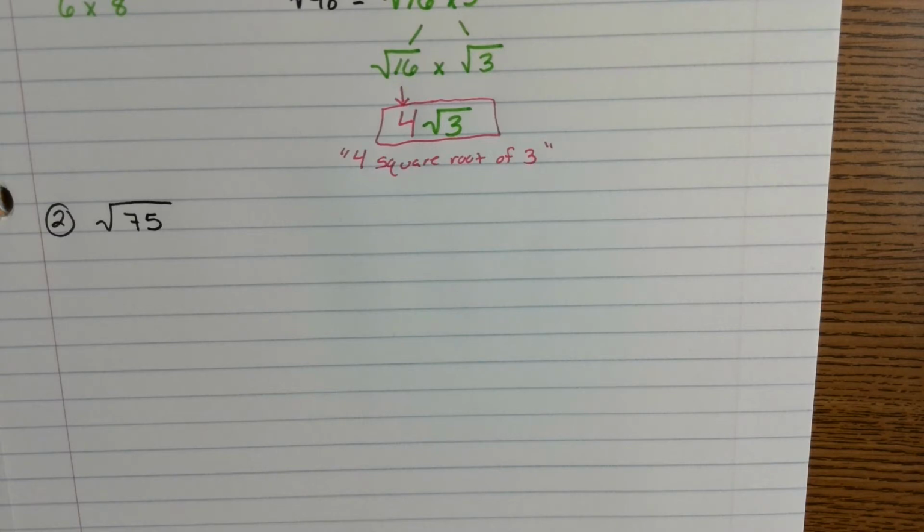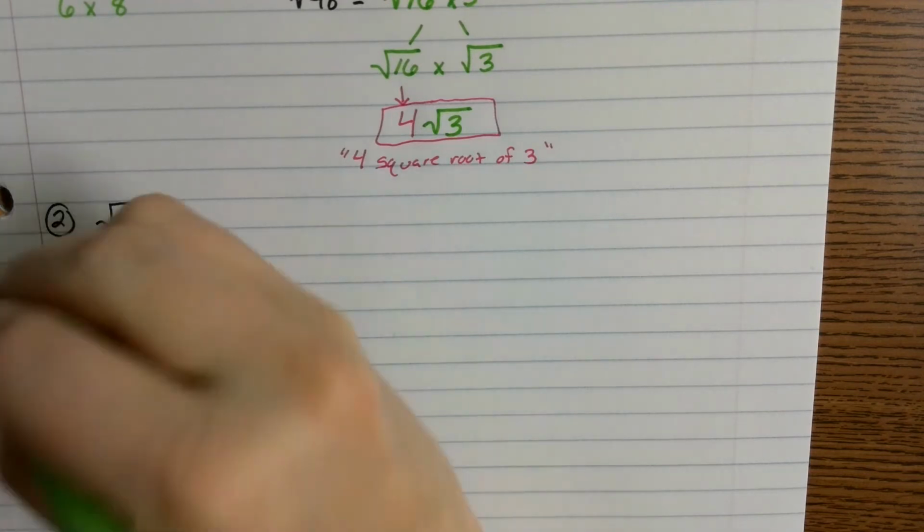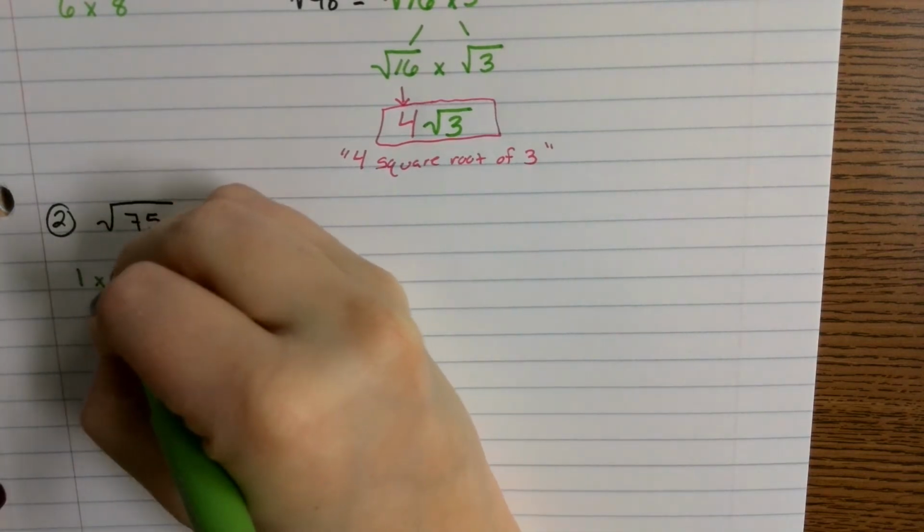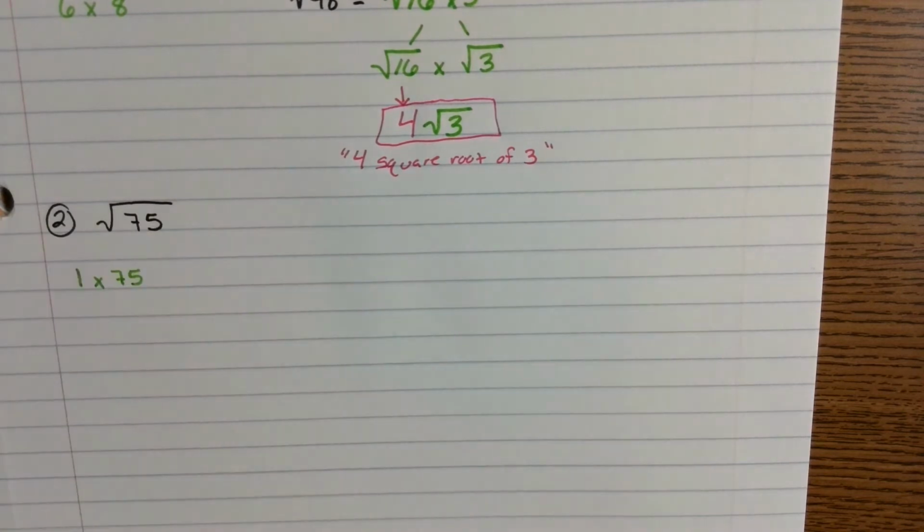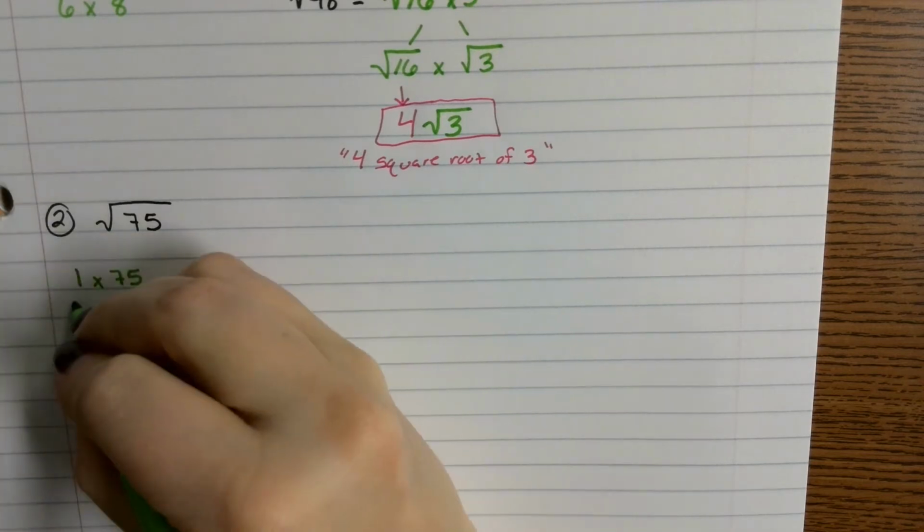It's not a perfect square, so now we need to identify the factors and see if there happens to be a perfect square factor in there. Who can tell me what's the first set of factors for 75? 1 and 75. What's the next set? Jimmy? 3 times 25.